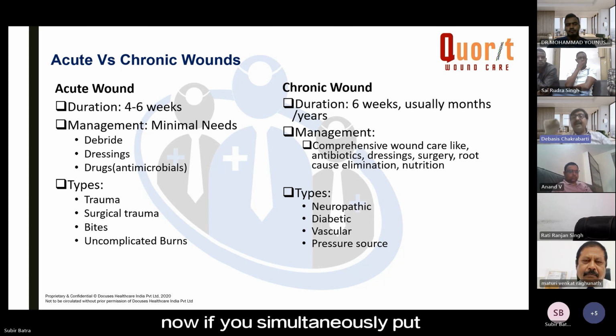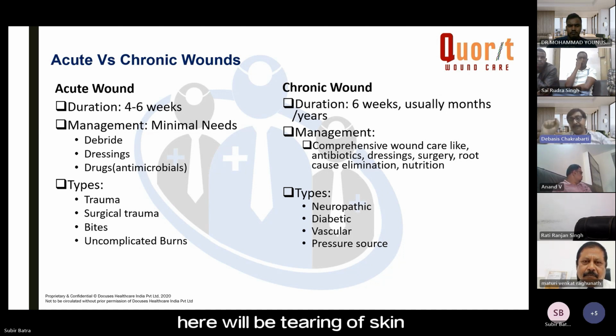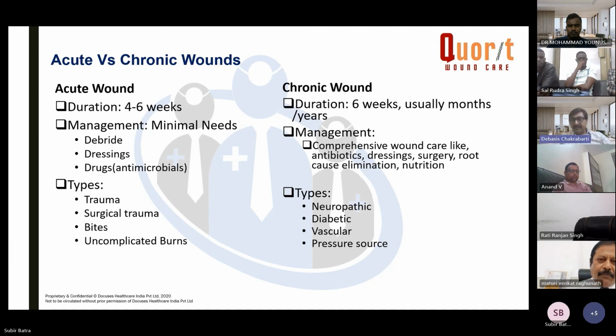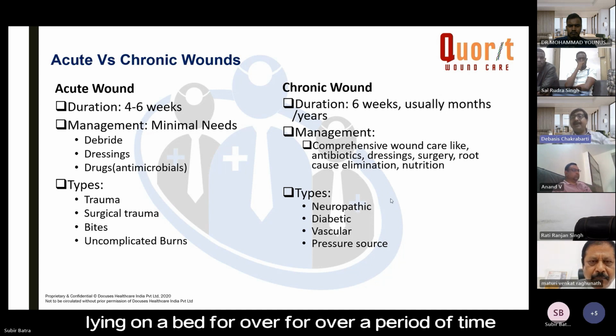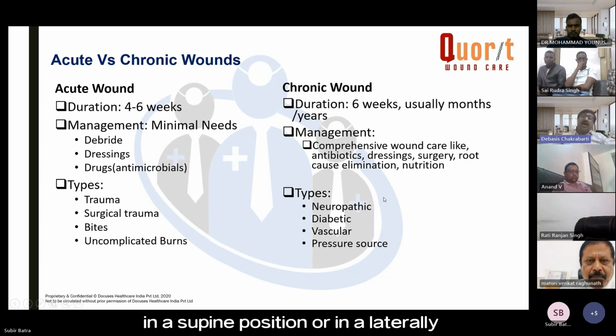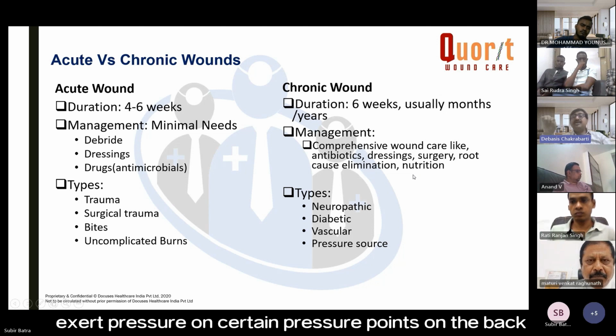Now, if you continuously put a lot of pinpointed pressure on a specific point of the skin, there will be tearing of skin, which turns into a wound. The classic example is the bed sore. If a patient is continuously lying on a bed over a period of time in a supine position or laterally, there is always pressure exerted on certain pressure points on the back.